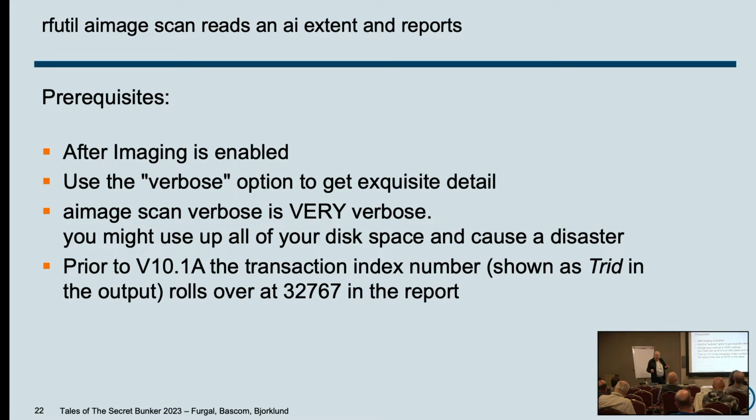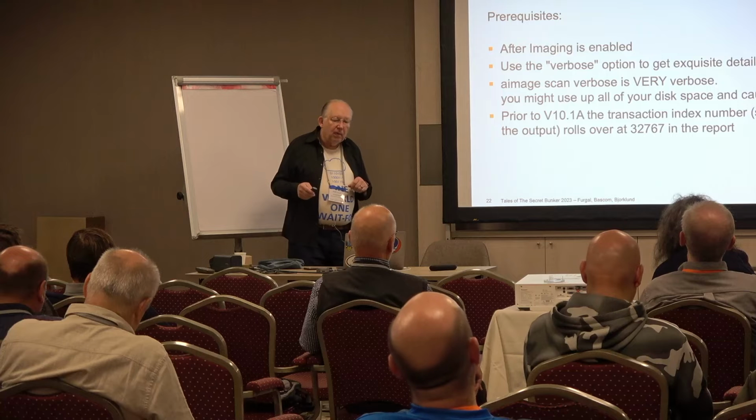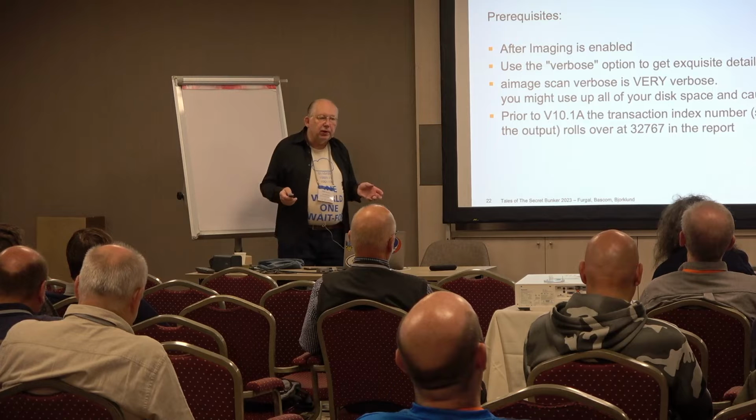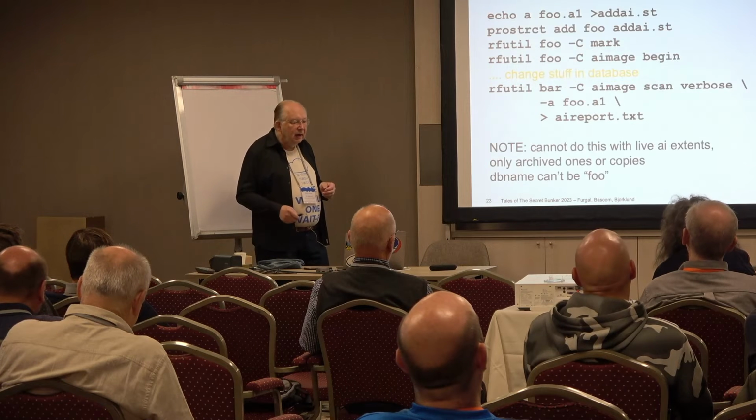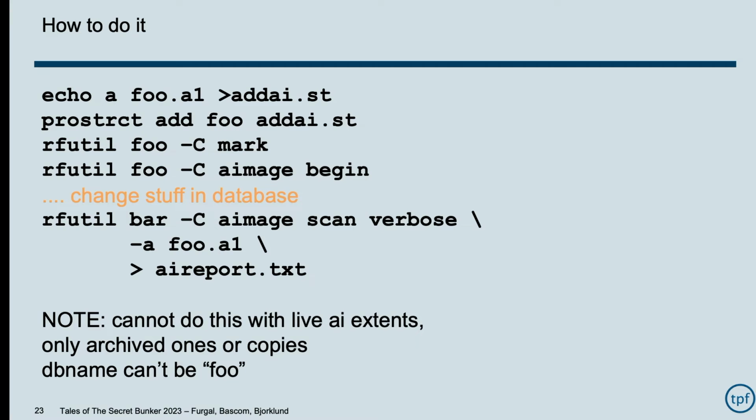Okay, so on to the examples. The examples that I'm going to show you, I ran with this test script. This part of the script tells you how to use the scan verbose utility.